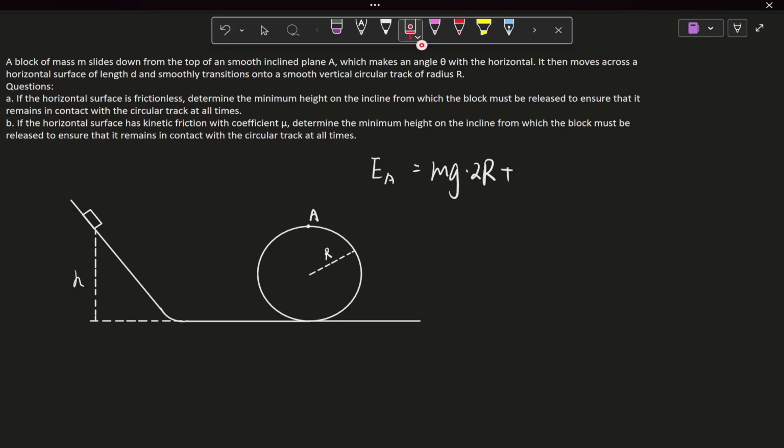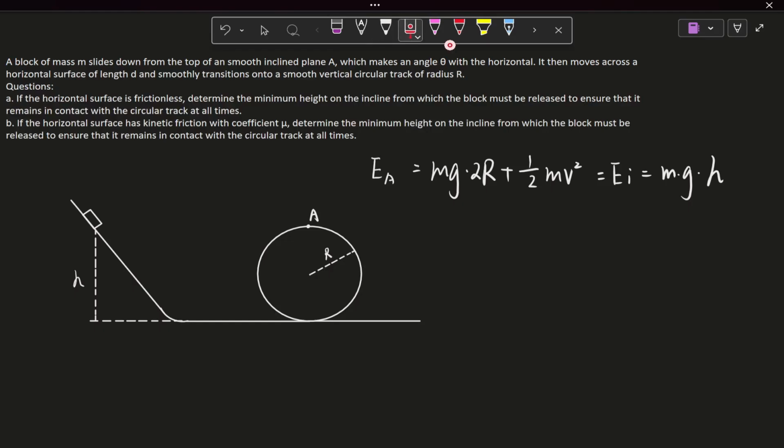plus, since it's on the circular track, it definitely needs to be moving. So it also has 1/2 mv squared. And EA, the amount of energy it has at point A, is equal to the amount of energy the block has at its initial position, which is equal to mg times h.